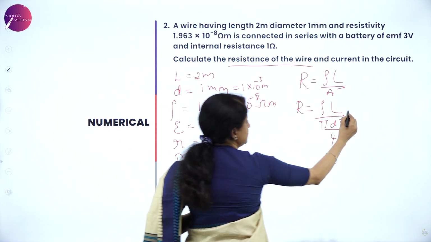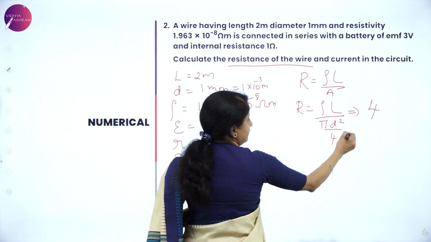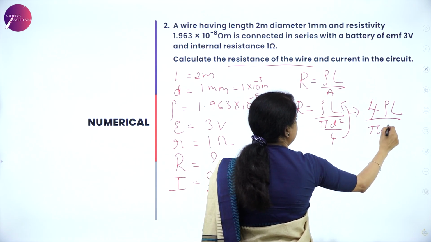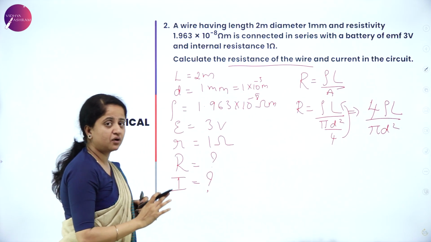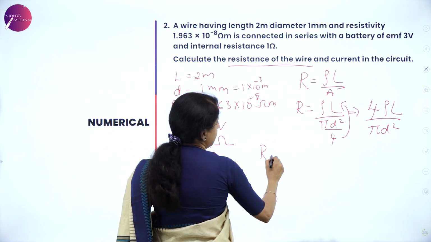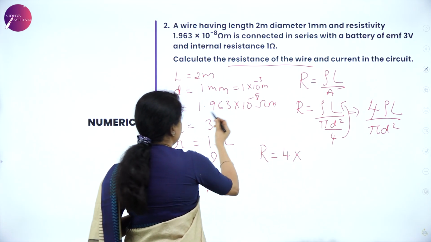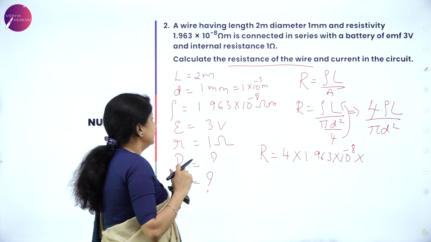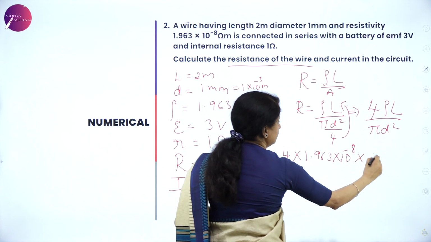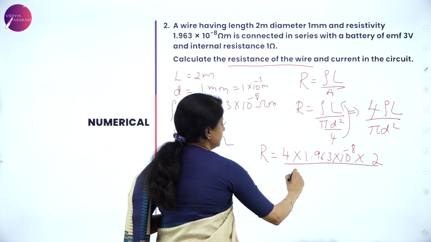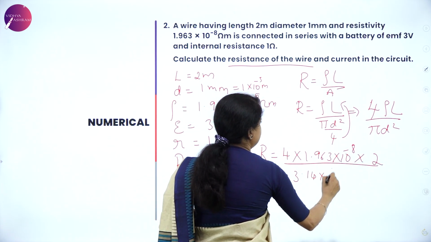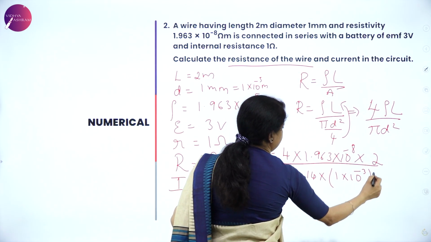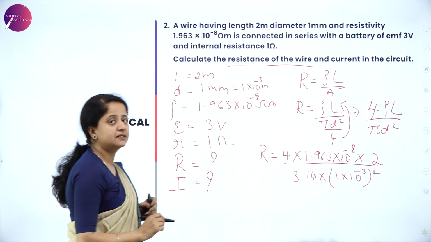Now this 4 will multiply to the numerator, and R is 4 rho L divided by pi d square. Let us now substitute all the values. R is equal to 4 into rho value, which is 1.963 into 10 power minus 8, the length of the wire is 2 meter, divided by pi value 3.14 and d value 1 into 10 power minus 3 the whole square, since it is d square.